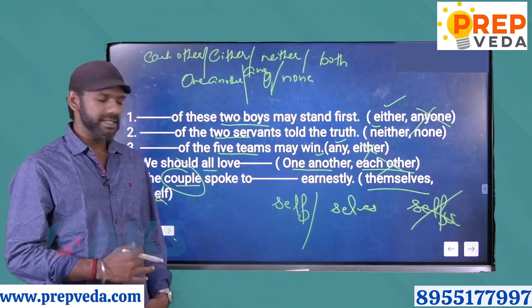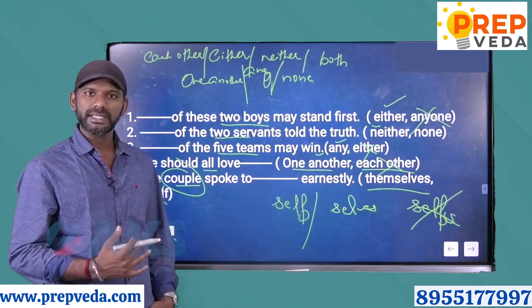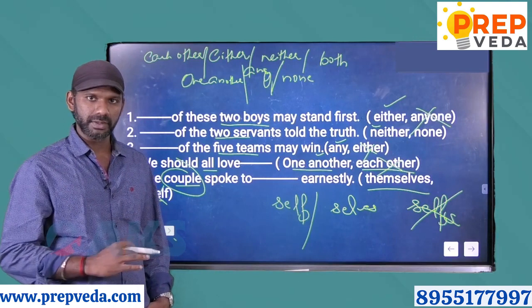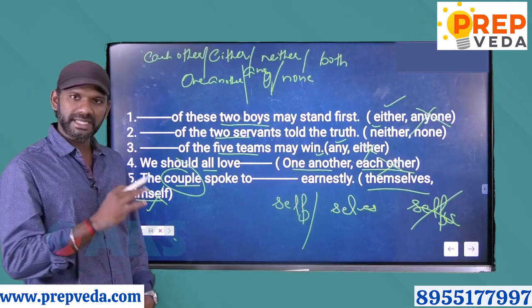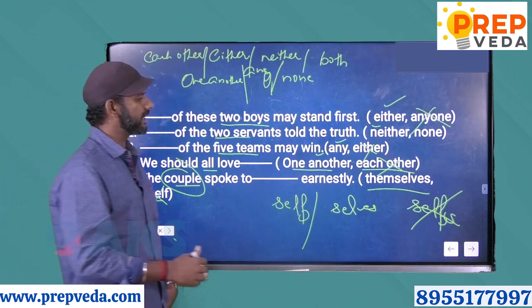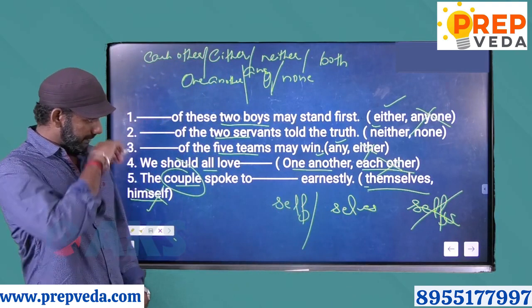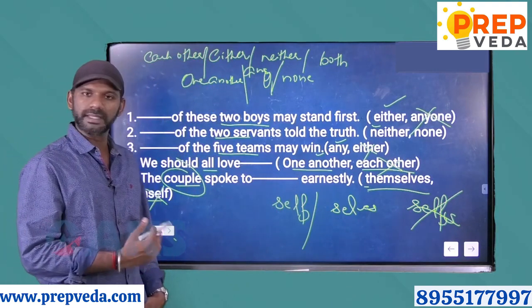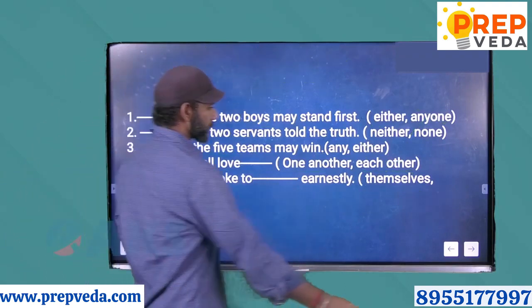Self or selves. Self is added to singular pronouns and selves is added to plural pronouns. That is a rule, right? Now here, couple means two are there. So based on that, himself is eliminated. It must be themselves. The couple spoke to themselves earnestly, right? Come to the next.